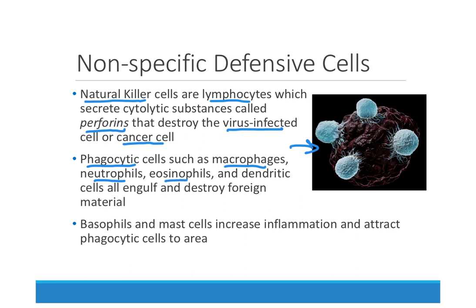Eosinophils and the dendritic cells, which are found in the skin area, are all phagocytic cells that will move around and eat something that they run into that's not you. And then other types of leukocytes, basophils, and mast cells, which are found in connective tissue, help encourage inflammation and sort of call these phagocytic cells to an area to help clean things up.